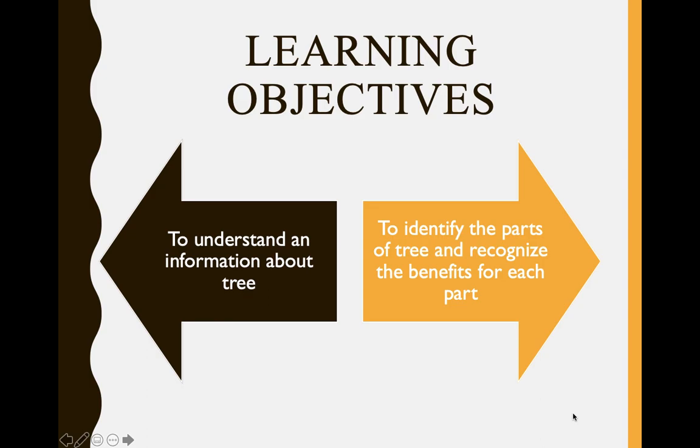I had to change it to identify the parts of a tree and each part's benefits. I was able to provide targeted activities enabling students to achieve the learning objectives, and I was clear about what I would measure at the end of the lesson.